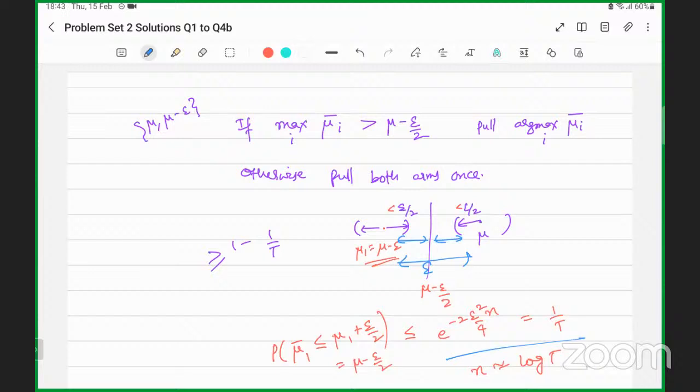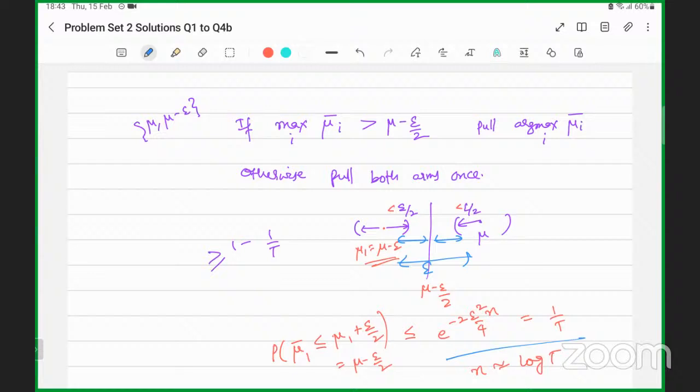So first, what you can assume is, after log t samples from the bad arm, with a high probability, it will never go beyond that after log t.